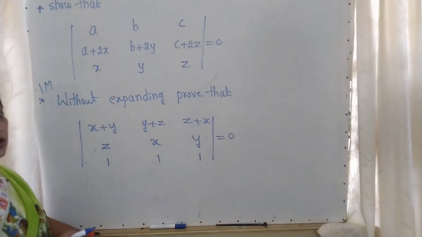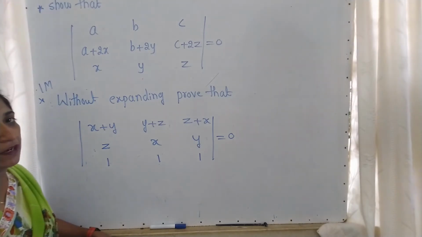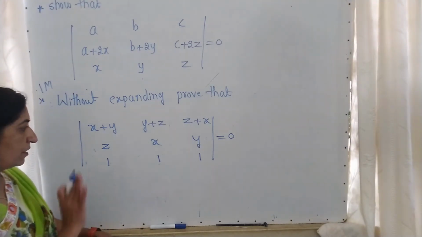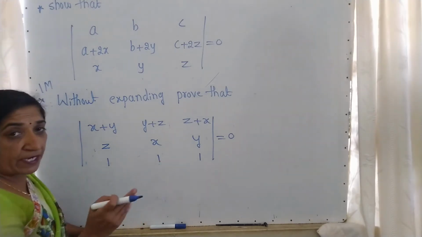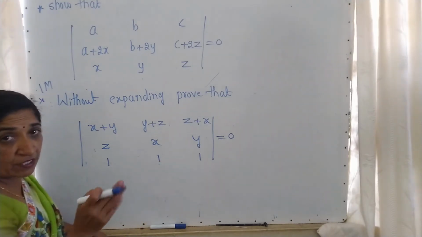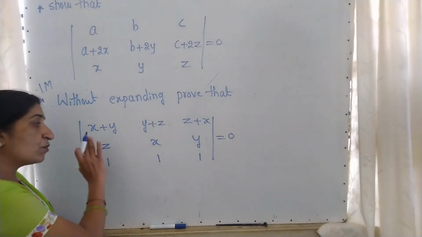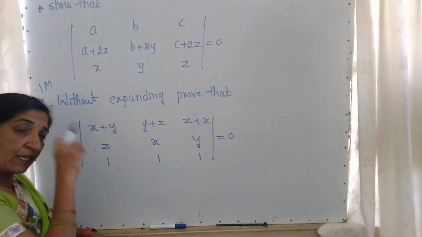So this is the question and I gave the mark. 1 mark means maximum 2 steps. So here all the elements in the last row are equal, means don't apply any operation like R2 minus R1, C2 minus C1, not like that. So instead of that, think in another way.